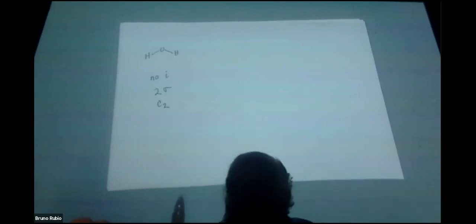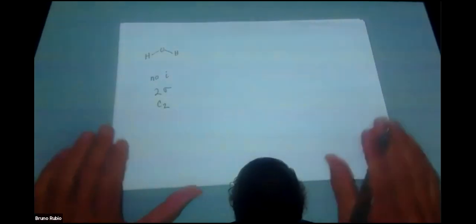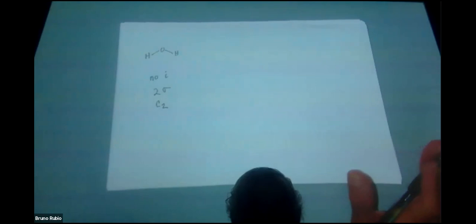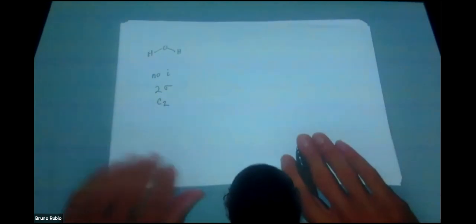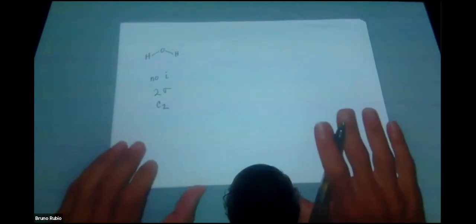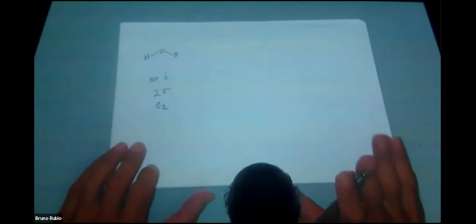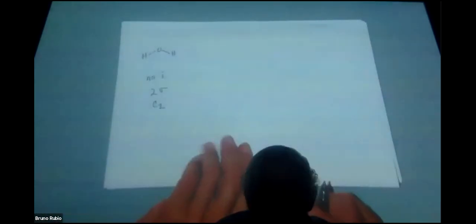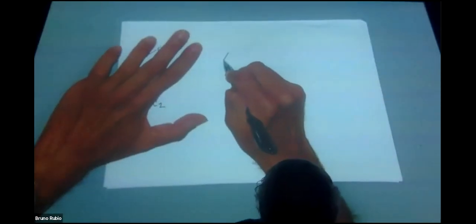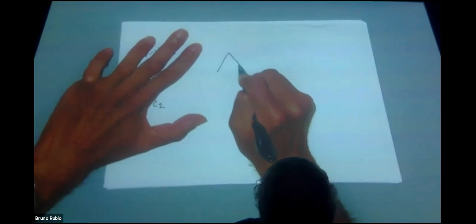Now let's go to something a lot more complicated. So if you're playing along, if you're taking notes, if you're being good, let's copy down this molecule and good luck to you. All right, so let's see, I'll give you some guidance. Draw an equilateral triangle.